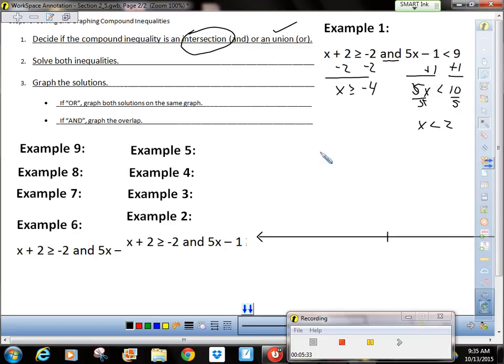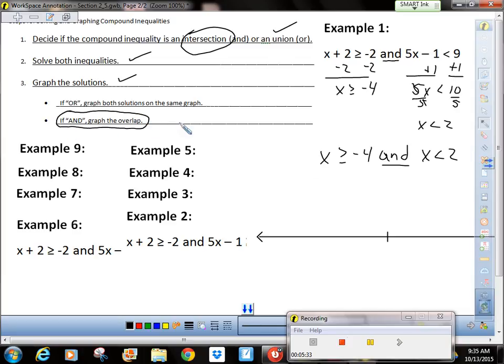So I know it's got to be x is greater than or equal to -4, and, not or, x is less than 2. So we've solved the inequalities, now we're going to graph, and we're going with "and."